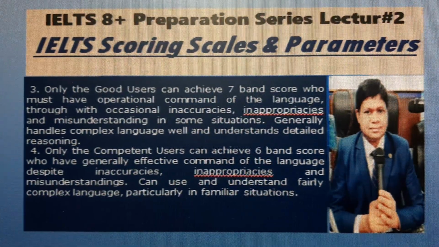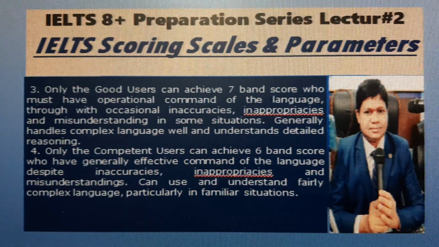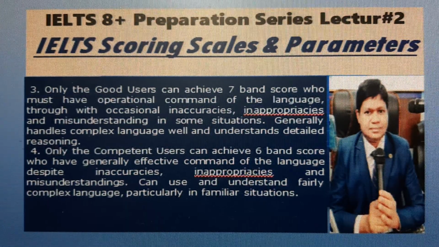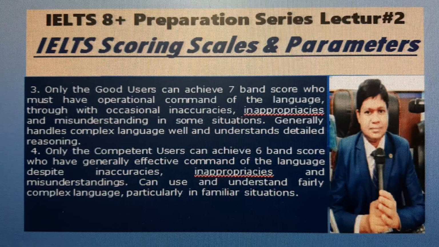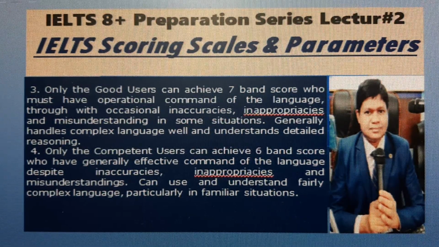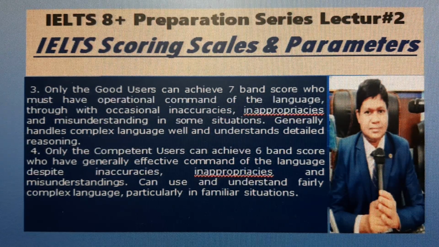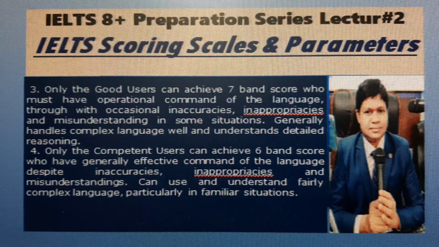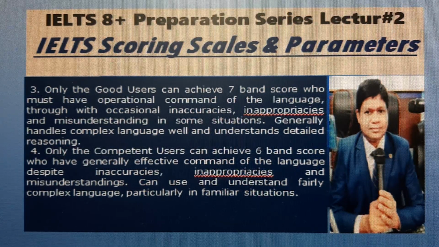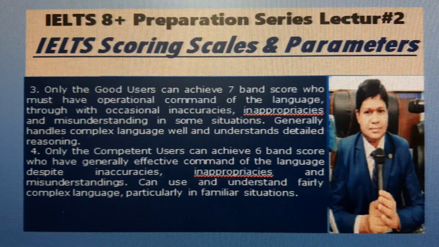Number 3. Score 7 band. User type: good user. Experience required: has operational command of the language though with occasional inaccuracies, inappropriacies and misunderstanding in some situations. Generally handles complex language well and understands detailed reasoning.